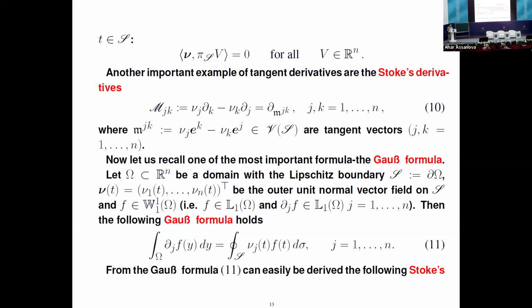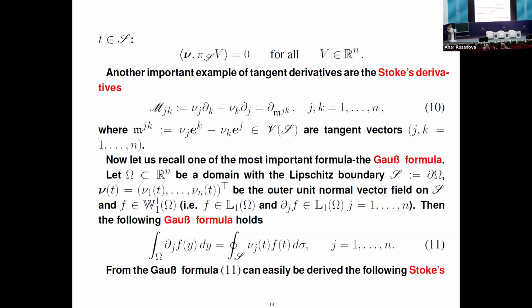Okay, if we have a Lipschitz domain, then we have the important Gauss formula, which I think everybody of us had at the university. If you take the derivative of a function inside the domain and take the integral over the domain, it is equal to the integral on the surface of the function multiplied by the corresponding component of the normal vector. Formula 11. So this is the well-known Gauss formula.